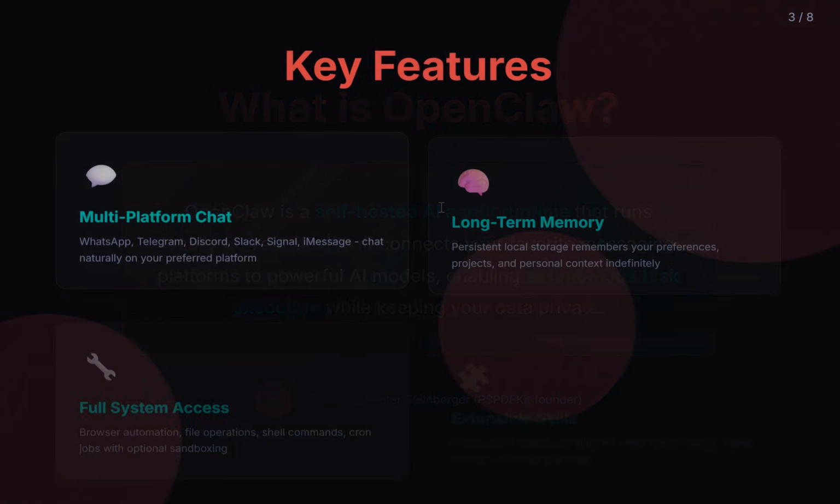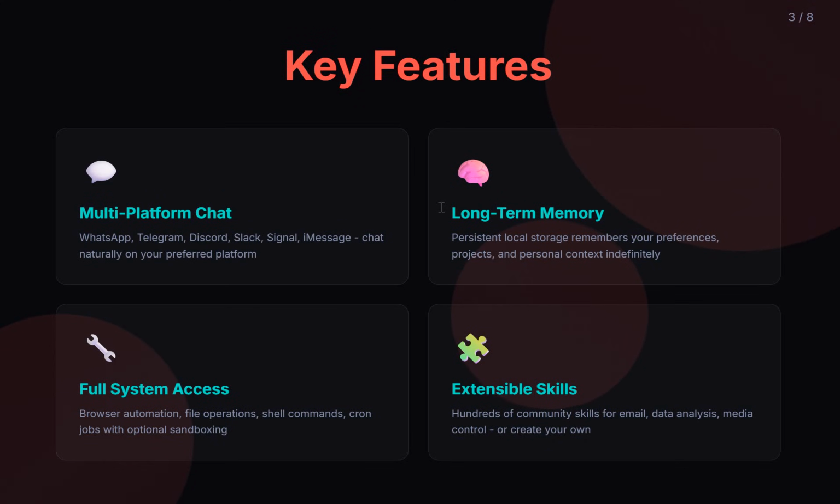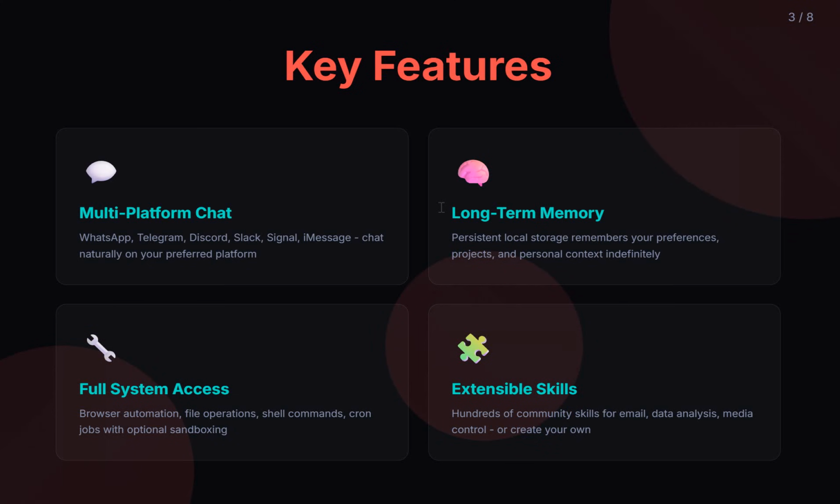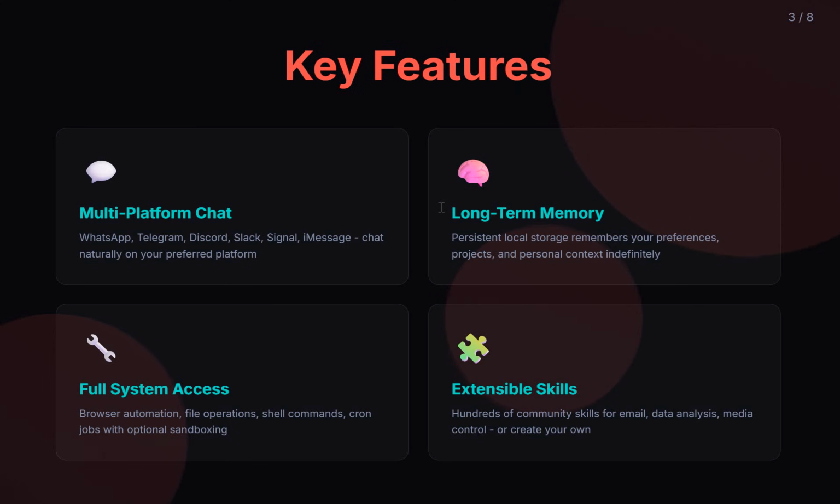So let's talk about the key features, or why OpenClaw is exceptional compared to other systems. The first one is multi-platform chat. You can integrate with a number of instant messaging systems like WhatsApp, Telegram, Discord, Slack, and send messages from all of them. So it's like one AI assistant accessible from everywhere.